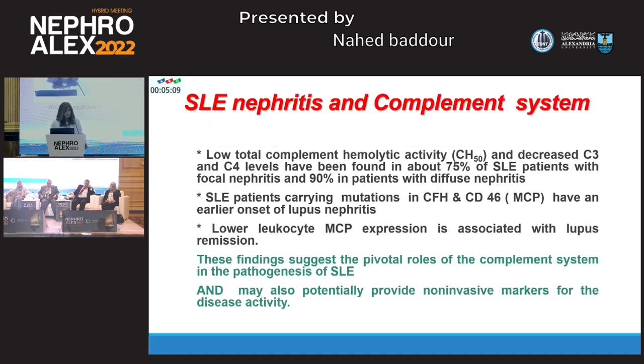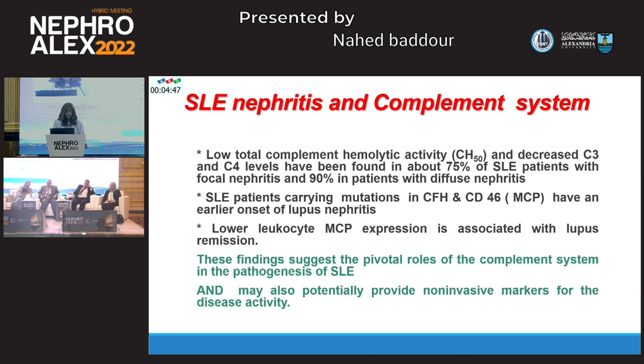Now, lupus nephritis is a big story. There are multiple lines of evidence pointing to the pivotal roles for the complement system in the pathogenesis of SLE, and may potentially provide non-invasive markers for disease activity and even targets for future therapy.